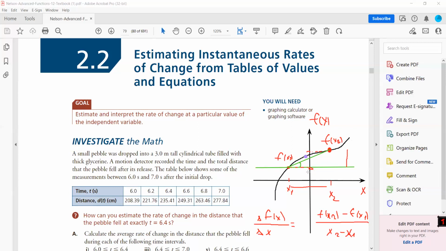In this point, we would like to find the instantaneous rate of change. The tangent line to this curve at this point would be touching it only at this point that we are interested in. This would be our instantaneous rate of change for this function, for this specific moment of time and for this specific point.